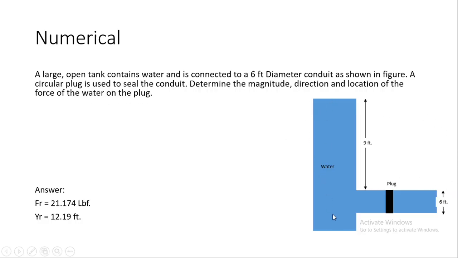Actually, this is a huge reservoir of water and there is a downstream conduit, a circular passage available to flow water. But there is a plug which is right now closed, so we need to determine, at this cross-sectional area, where the resultant force is applied and the magnitude of the resultant force.